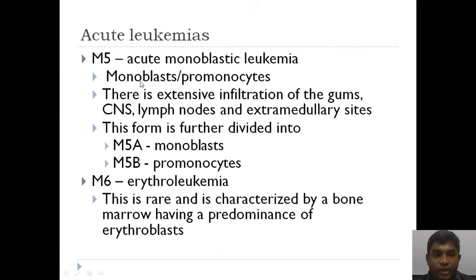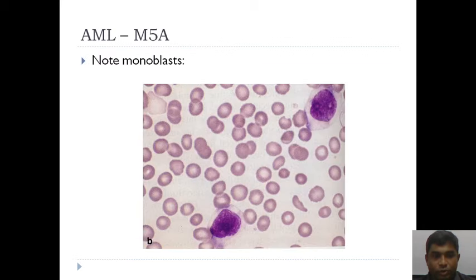M5 is a category predominantly composed of monoblastic or monocytic series of cells. When it is mainly monoblasts, we call it M5A, and if it is mainly promonocytes, then we call it M5B. And M6 is the one in which there is a predominance of erythroblasts. This is what we call an erythroleukemia.